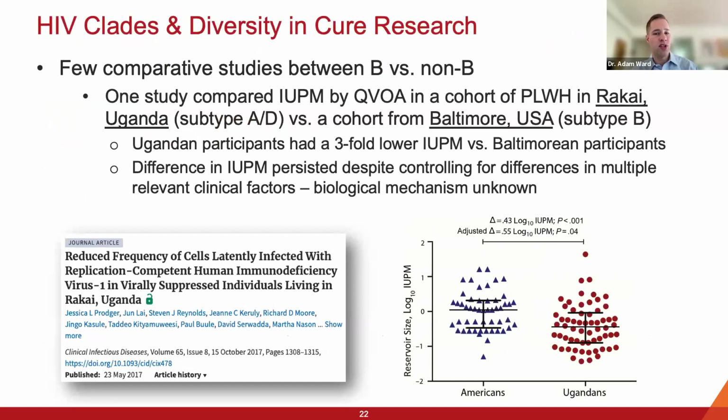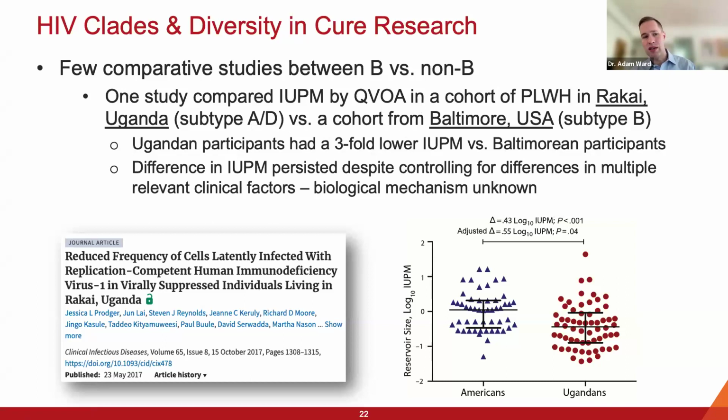This first study compared what we call IUPM, infectious units per million. This is the readout of the replication-competent reservoir by the QVOA assay. This was measured in a cohort of people living with HIV in Rakai, Uganda, who were all living with either subtype A or subtype D HIV, versus a cohort of people living with HIV in Baltimore, Maryland. And these individuals were all living with subtype B HIV.